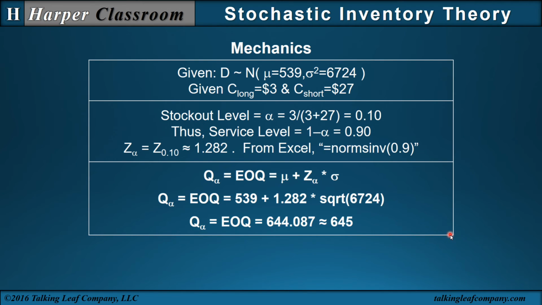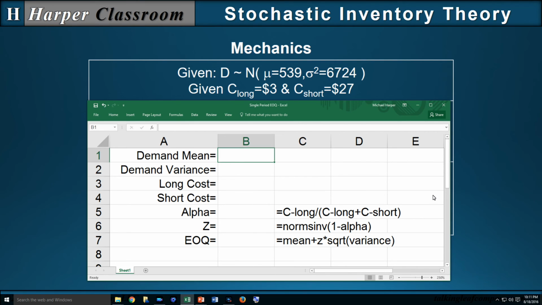So let's solve this with Excel. So I've typed in the headings and the equations, so let's type in the values. The mean is 539. The variance is 67.24. The long cost is $3, and the short cost is $27, and that's going to equal an alpha of 3 divided by 3 plus 27, which would be 0.1.